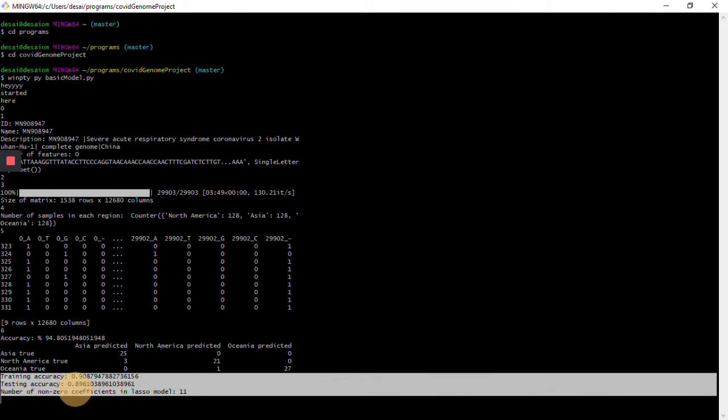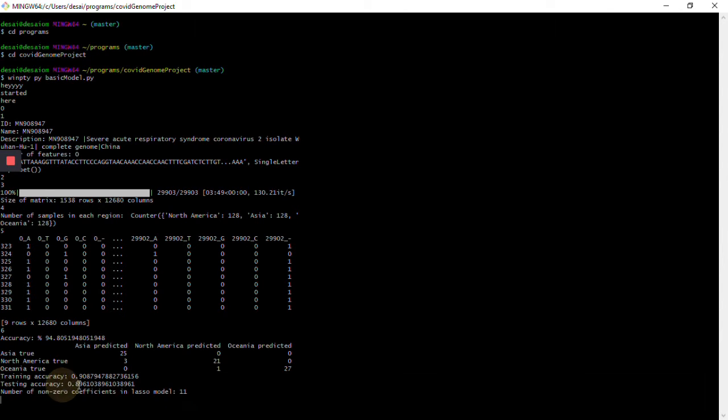Next, this is the feature reduction data. And now you can see that the testing accuracy has decreased slightly from beforehand, but you'll also note that the training and testing accuracy are very close, which means there's not much chance of overfitting, and that there are only 11 coefficients, so it's a lot easier to understand and use.